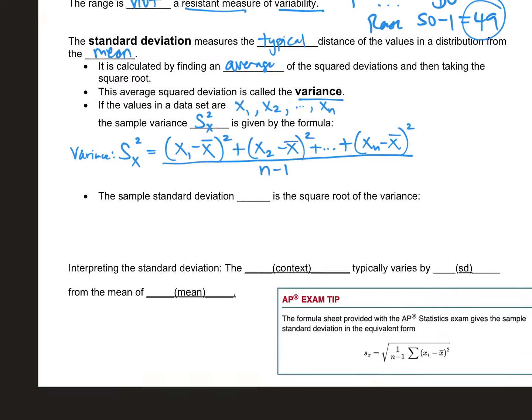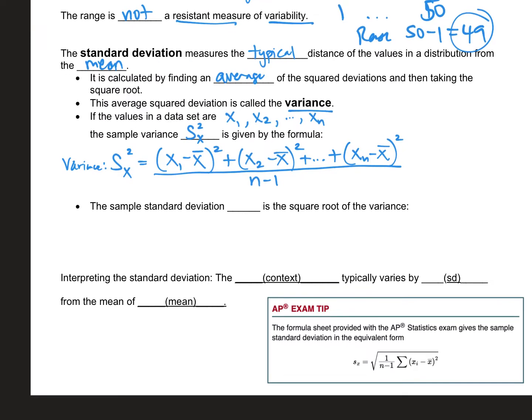Now, how do we find the sample standard deviation? Sample standard deviation is called S sub x, and it's the square root of the variance. So basically you have to take the square root of this whole thing. Here's how we write it.